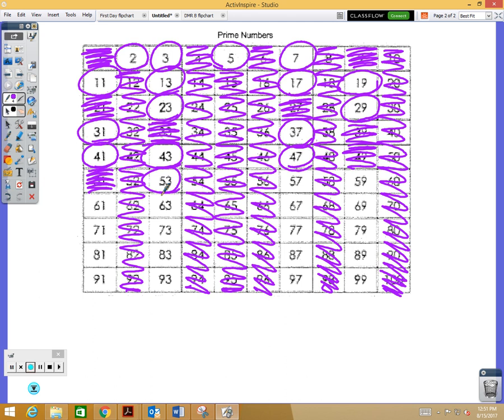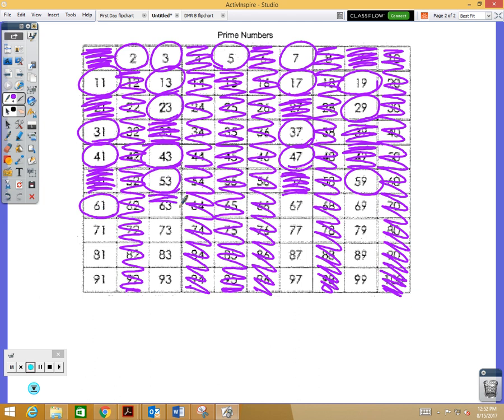What about 57? What's 5 plus 7? Is that divisible by 3? So you can do 57 divided by 3. That's 19. 3 times 19. 59. Prime. What about 61? Prime. 63. Composite. 6 plus 3 is 9, which is divisible by 3.